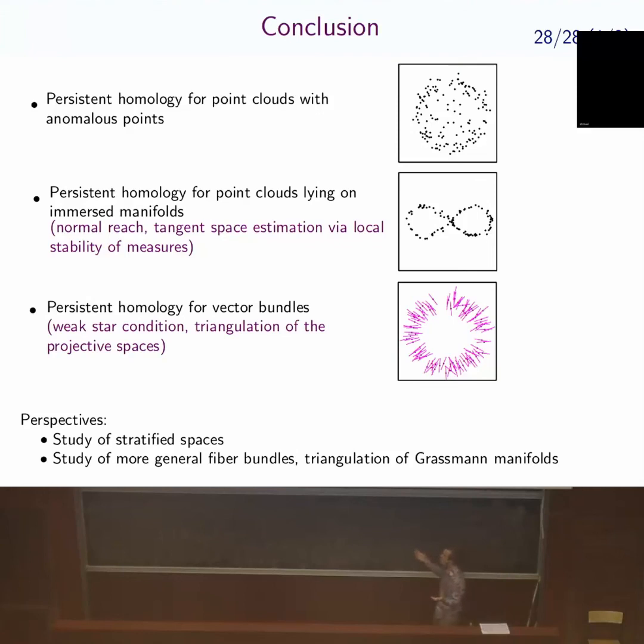Of course, I hid some details, in particular concerning the immersed manifolds. The usual geometric tools of subsets of Rn were not adapted for immersed manifolds, so I had to develop a notion of normal reach that was suited to deal with immersed manifolds.